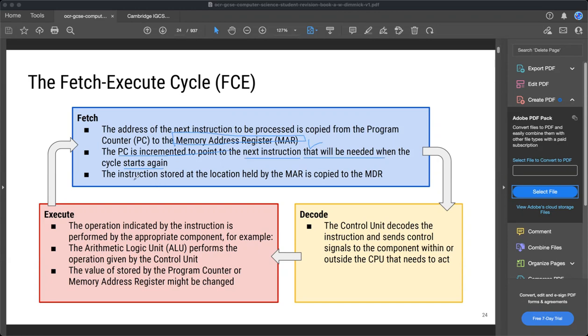The instruction stored at the location held by the MAR is copied to the MDR. MDR stands for Memory Data Register.